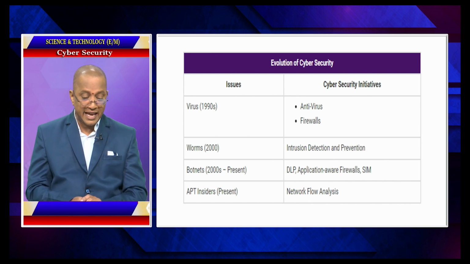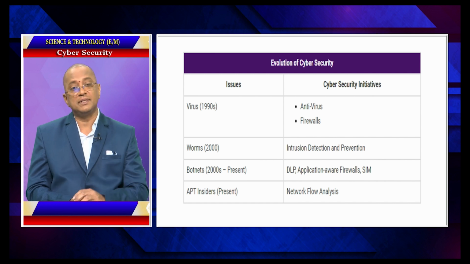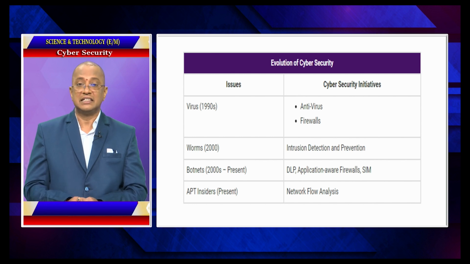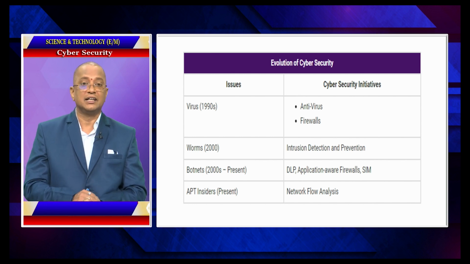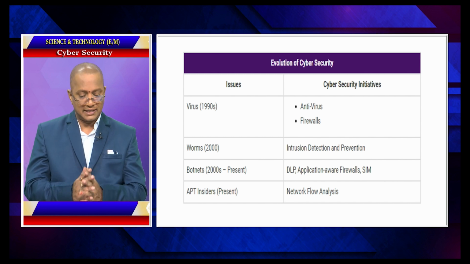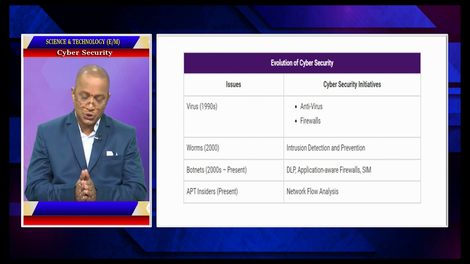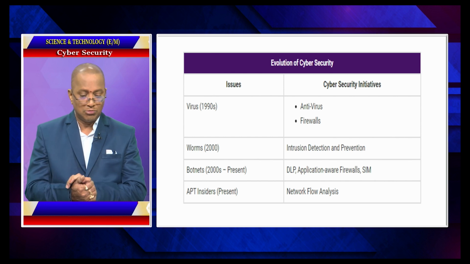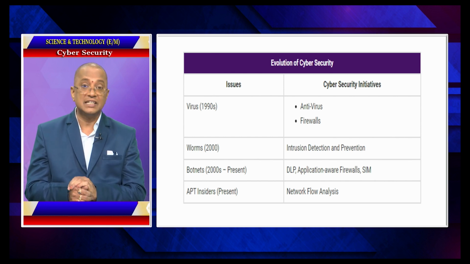The next one is APT insiders. By using network flow analysis, we can protect from APT insiders, which are still present. So the different issues in cyber security presently are botnets and APT insiders.